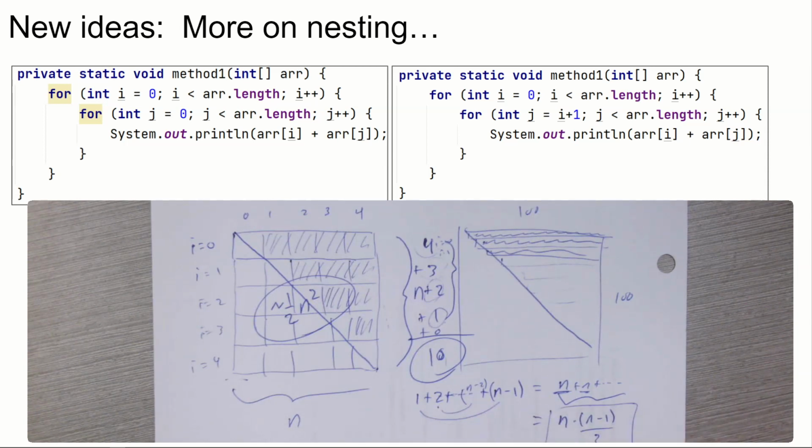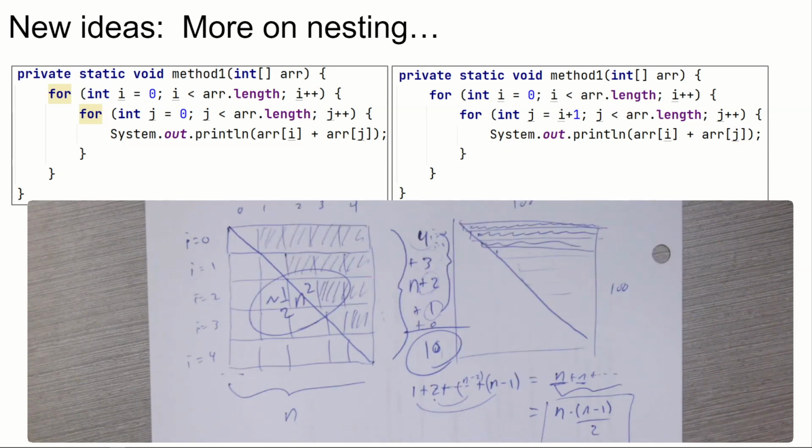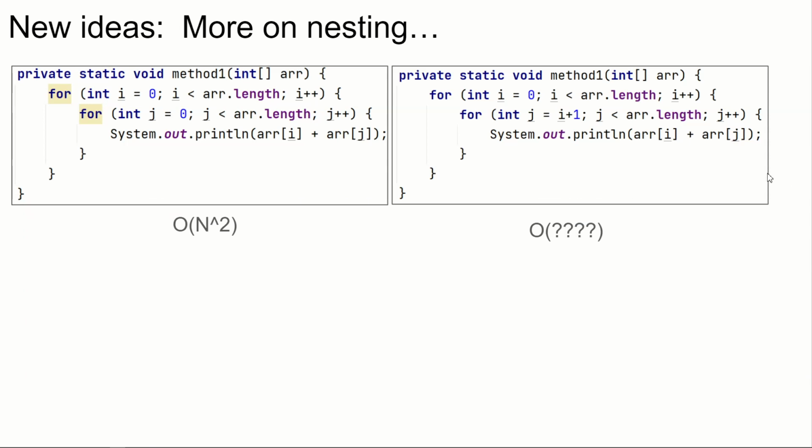So this is an expression for how you would calculate the sum of that arithmetic series, and you'll notice that this is proportional to n squared. So that's another reason why it's big O of n squared. I think at the end of the day, though, it's probably easiest just to think, is each of these loops dependent on the length of the array?